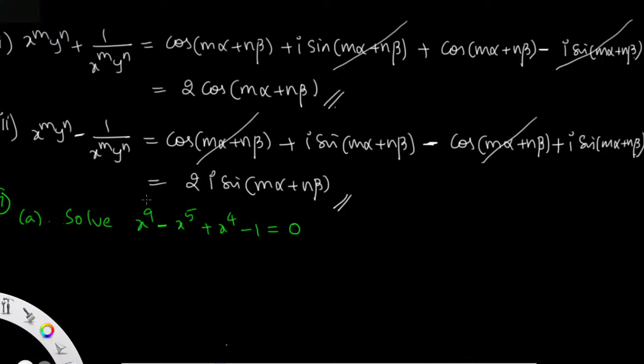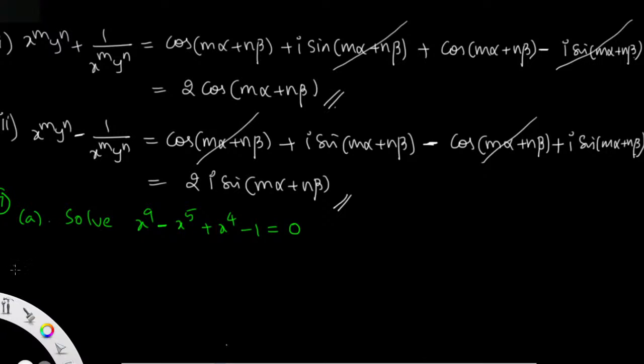So solve the equation x power 9. If it is quadratic, the number of roots is 2, and if it is cubic, the number of roots is 3. But in the question it is given in the form of x power 9, so we can get the number of roots as 9. When we say solve, you have to find x equal to, that's all.